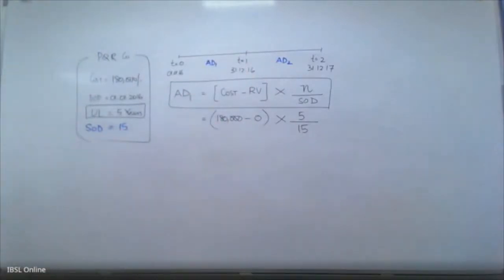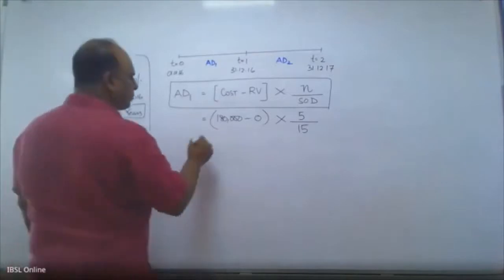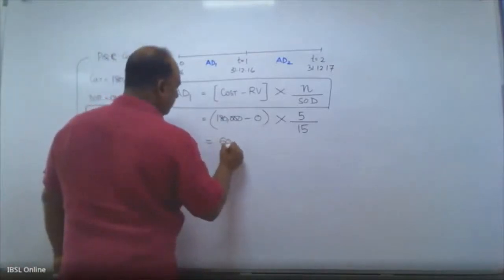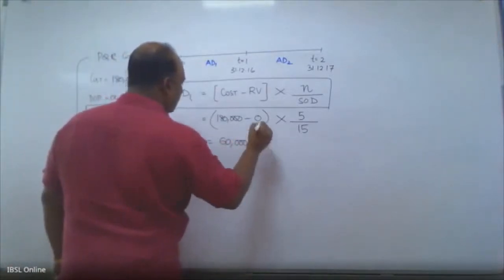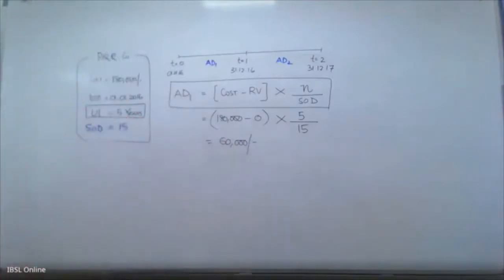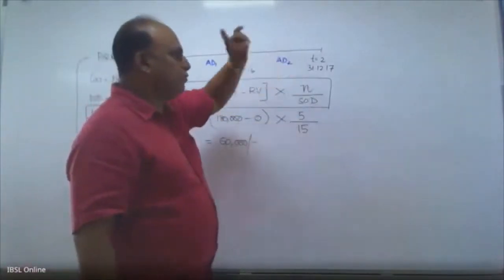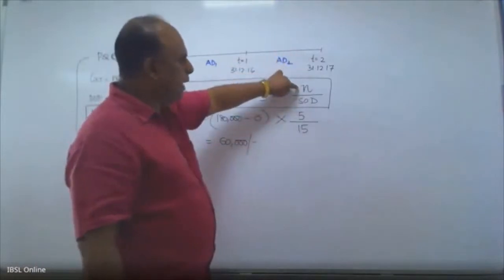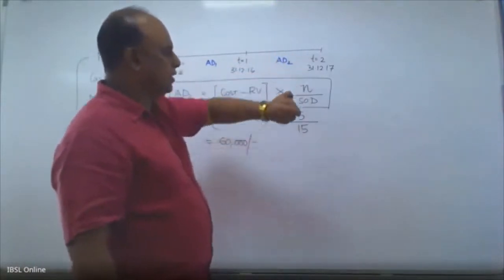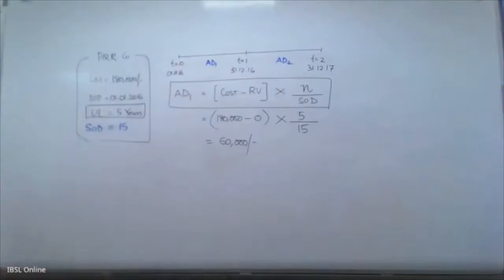So you will get an answer of 60,000. Is that correct? Cost minus residual value into, this part you have to remember. In the first financial year, it will be n divided by sum of digits.